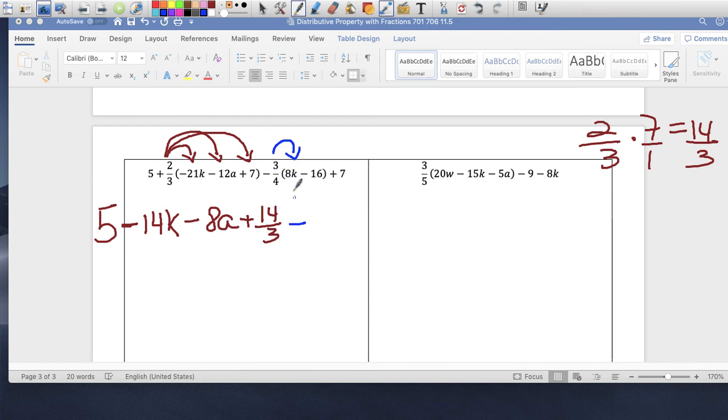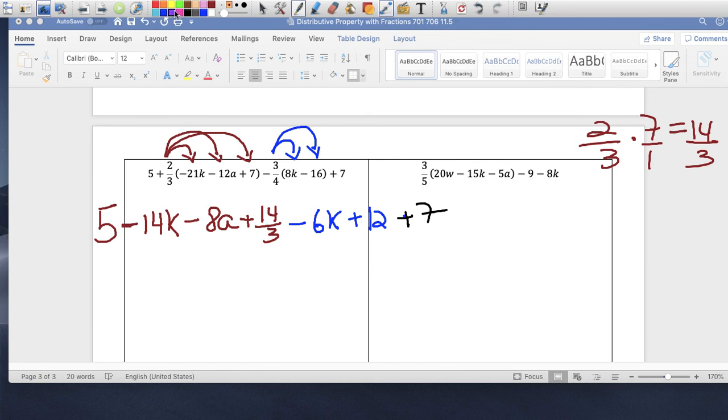Now we have a second set of parentheses. Negative times a positive is a negative, and 3/4 of 8 is going to be 6k. Negative times a negative is going to be a positive, and 3/4 of 16 is going to be 12. And then we have a plus 7 there. Just write in different colors. So that plus 7 did not participate in the distributive property.